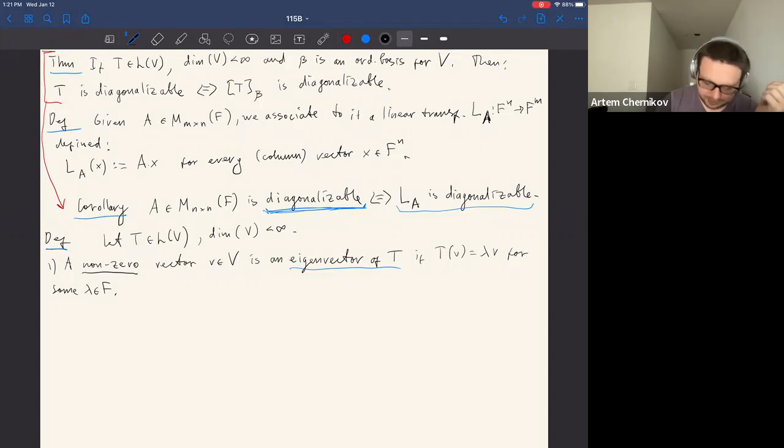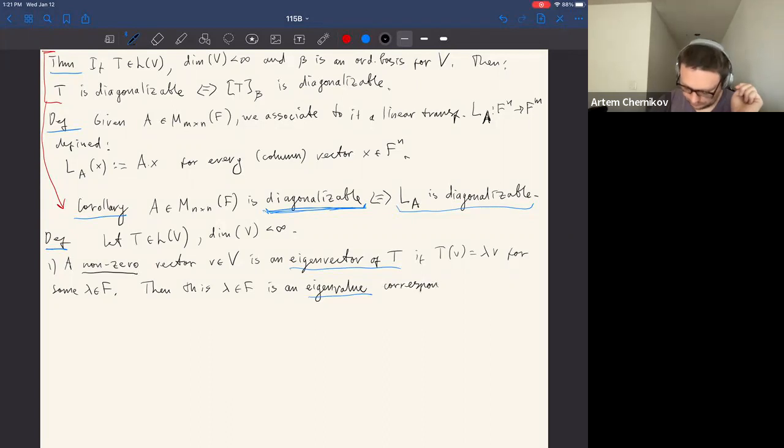Now this lambda, a scalar, is called an eigenvalue corresponding to the eigenvector V. So just from the definition, every eigenvector has a corresponding eigenvalue, which is a scalar in F. Applying T to V corresponds to multiplying by lambda. Okay, so this is one, and two.